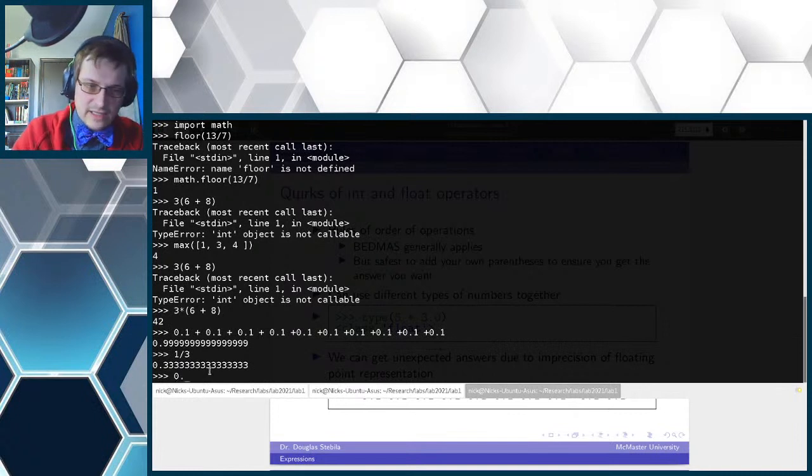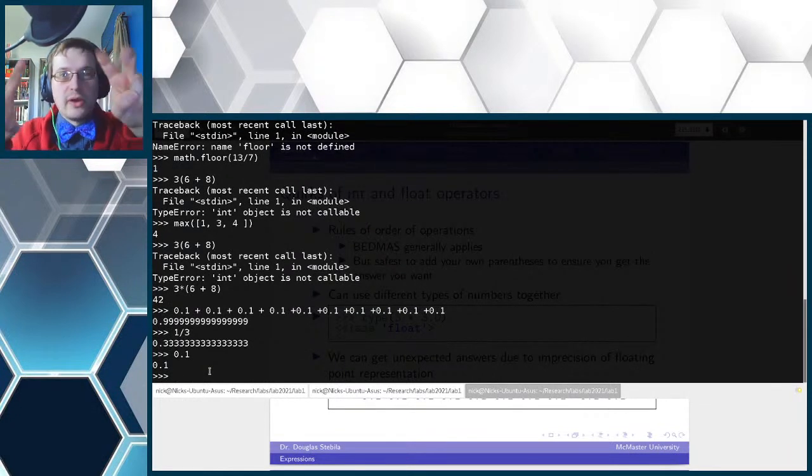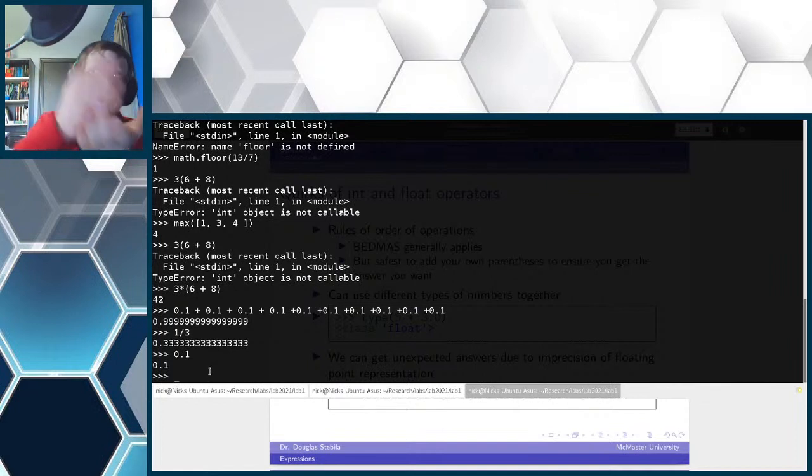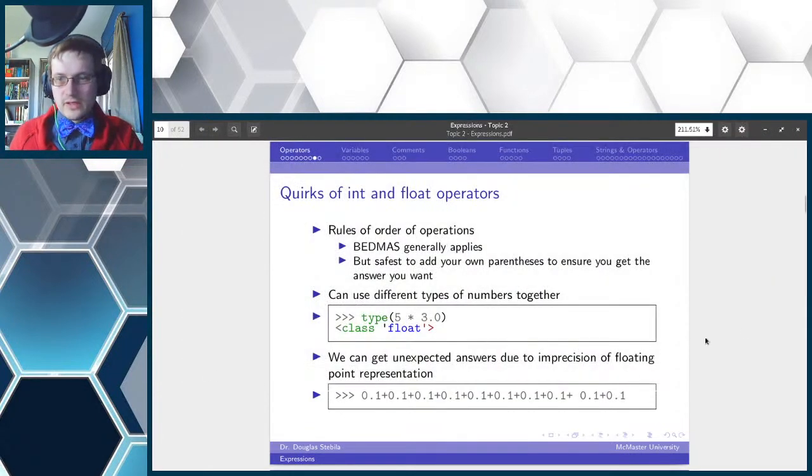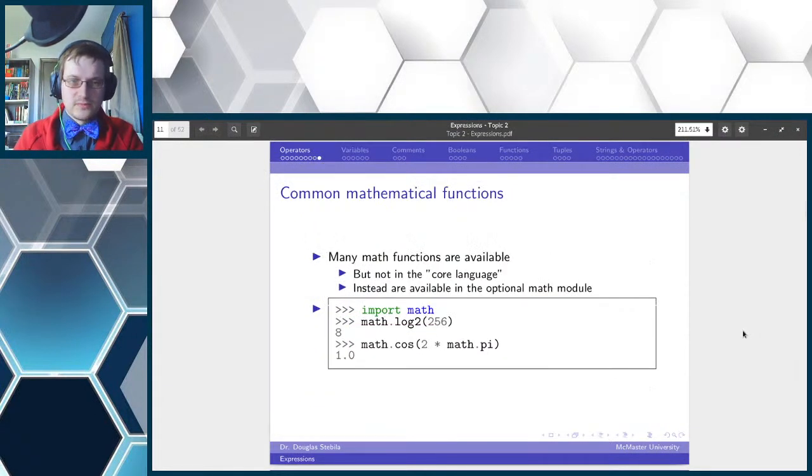So despite the fact that 0.1 is equal to 0.1, when you perform floating point operations on something in succession, these errors will accumulate sometimes and cause problems. But we're going to see this in a couple of weeks. We're going to have a lot of discussion about this, so I won't belabor the point.